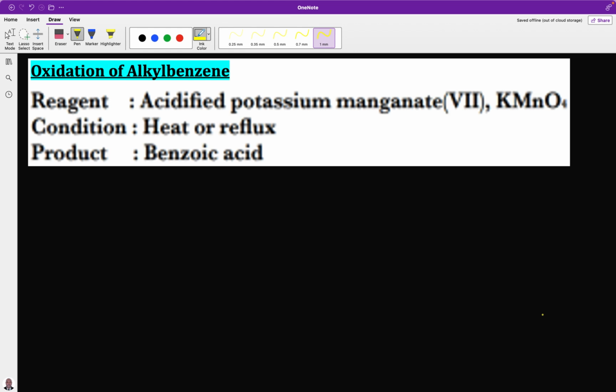So this acidified potassium manganate 7 is used to oxidize the side chain, which here is the methyl group.